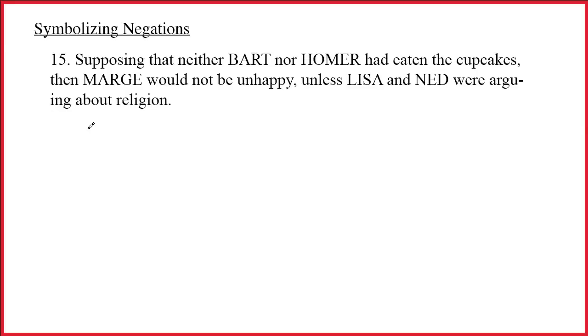So let's start by rewriting it. If I do that, I know that supposing means if, so it says: if neither Bart nor Homer had eaten the cupcakes, then Marge would not be unhappy.